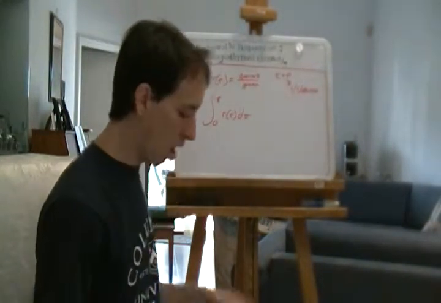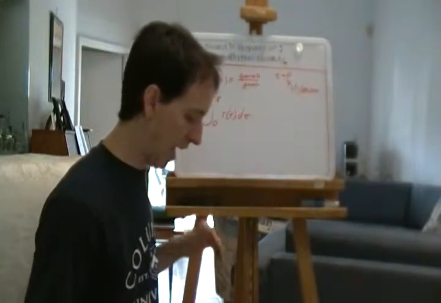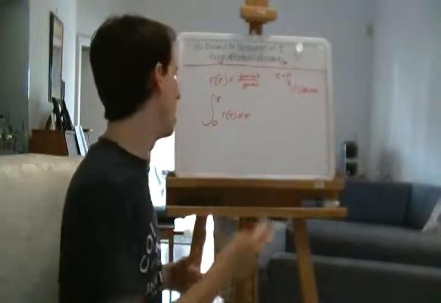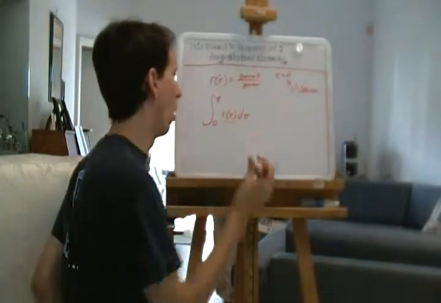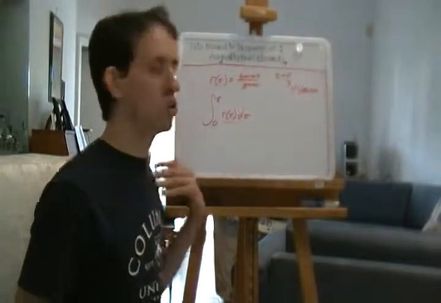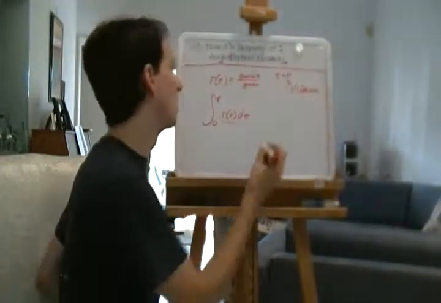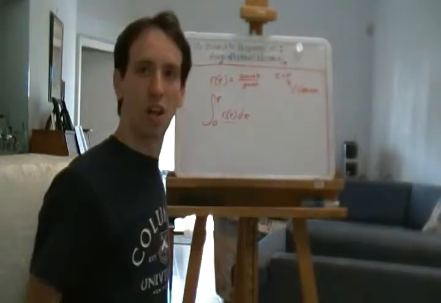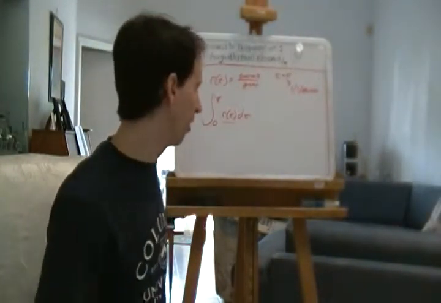Well, we know that we're looking at the area under the curve, because that's what an integral is, the area under the curve of r of t. And we know that r of t is measured in barrels per year, because t equals 0 indicates a year, t equals 8 would indicate 8 years later.